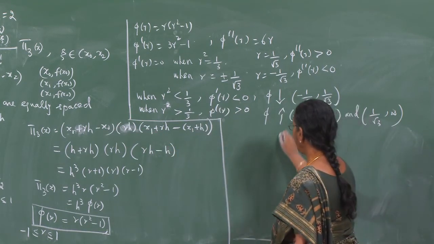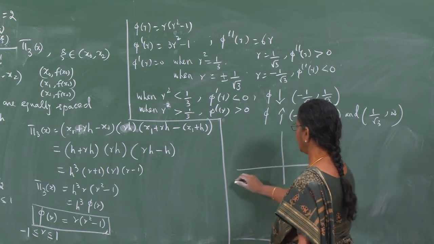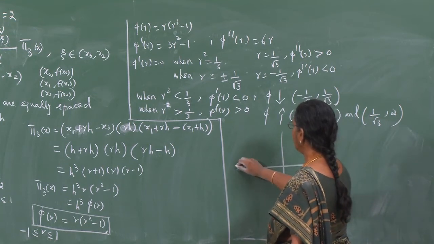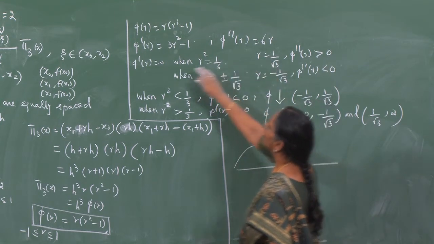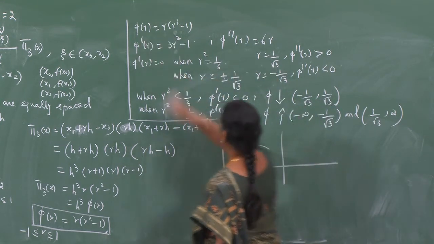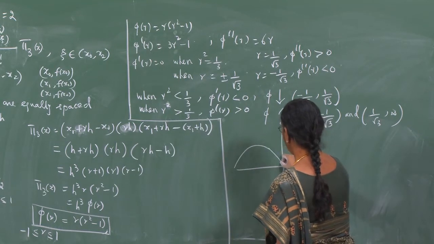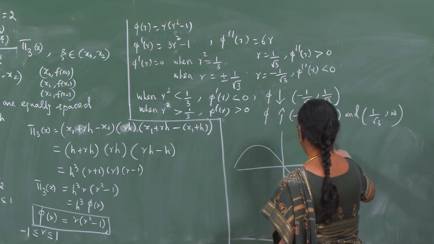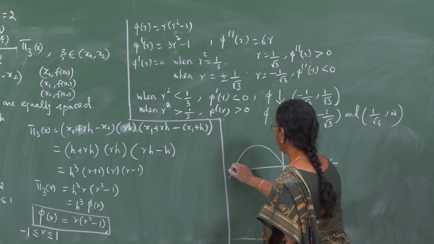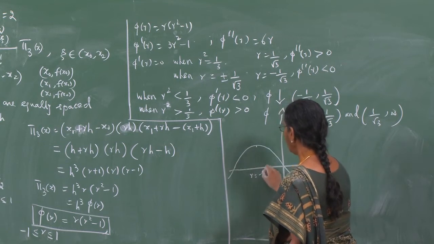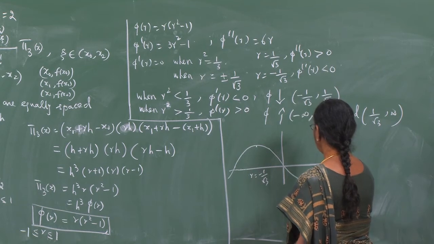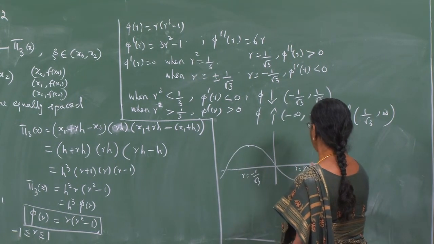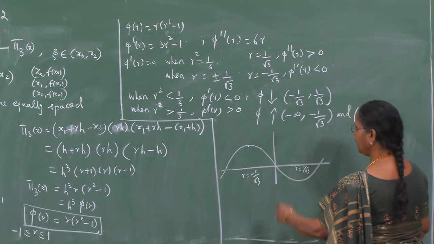So, the graph of this function is such that phi of r is 0 at r equal to 0. So, at r equal to minus 1 by root 3, it attains a maximum, and at r equal to plus 1 by root 3, it attains a minimum.